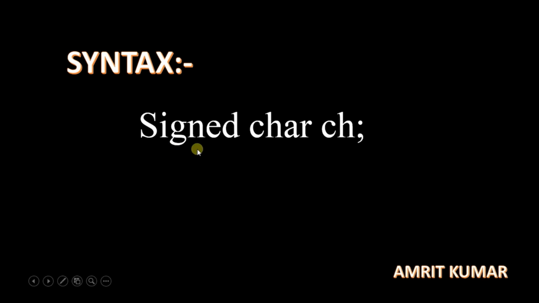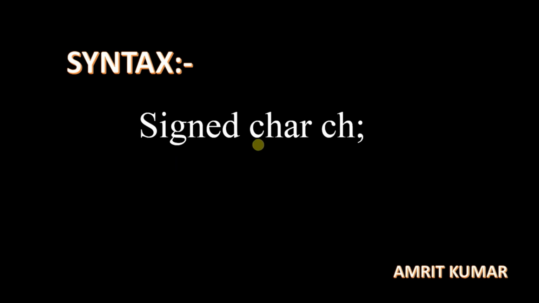For the declaration purpose, I have given a video on modifiers and their types, and in that video I used the syntax: you have to declare signed, which is the modifier name, then the character data type, and then the variable name, or we can say variable list. So here ch is a variable of character data type and its modifier is signed. So we can say that signed is a modifier, so it can accept positive as well as negative numbers.